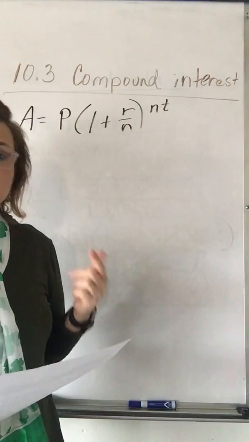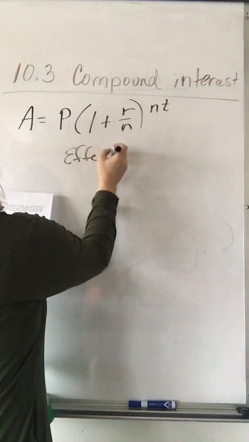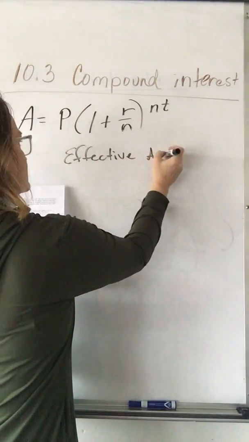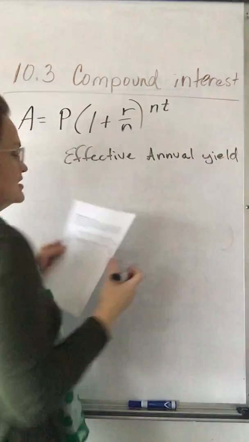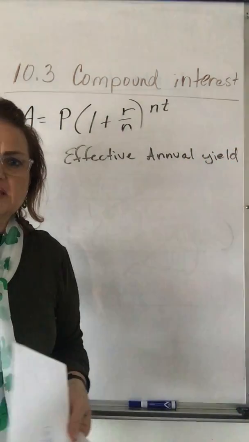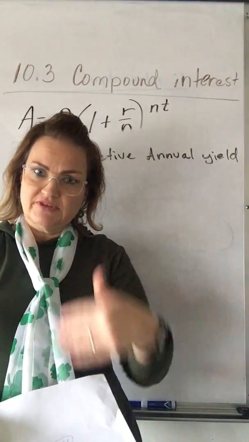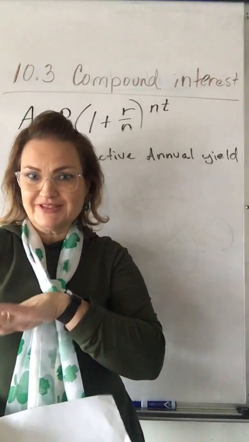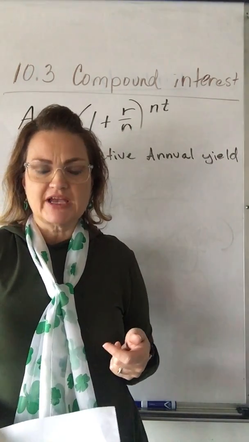Lastly, the last page says determining effective yield, effective annual yield. I don't know if you've ever been in the bank and noticed sometimes they'll have a sign that says effective annual yield, or effective annual percentage rate, APR. Maybe look for that at your bank next time.